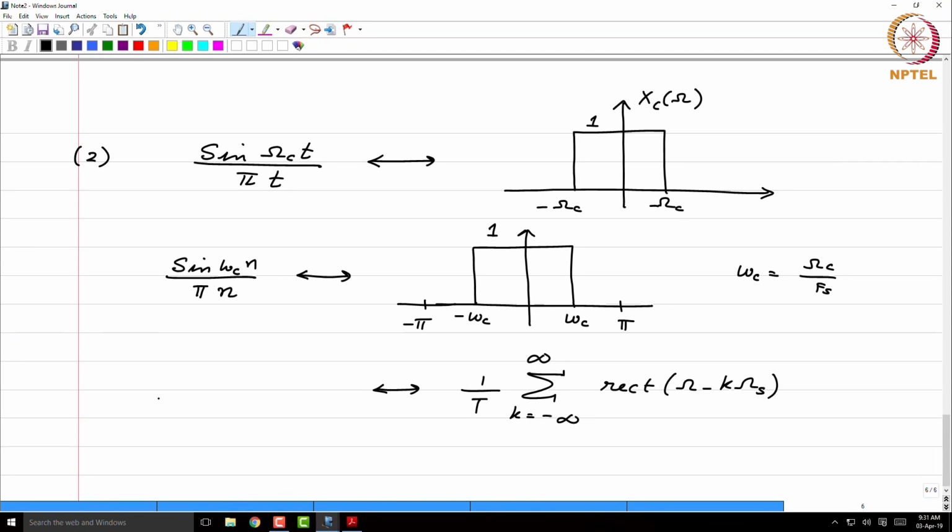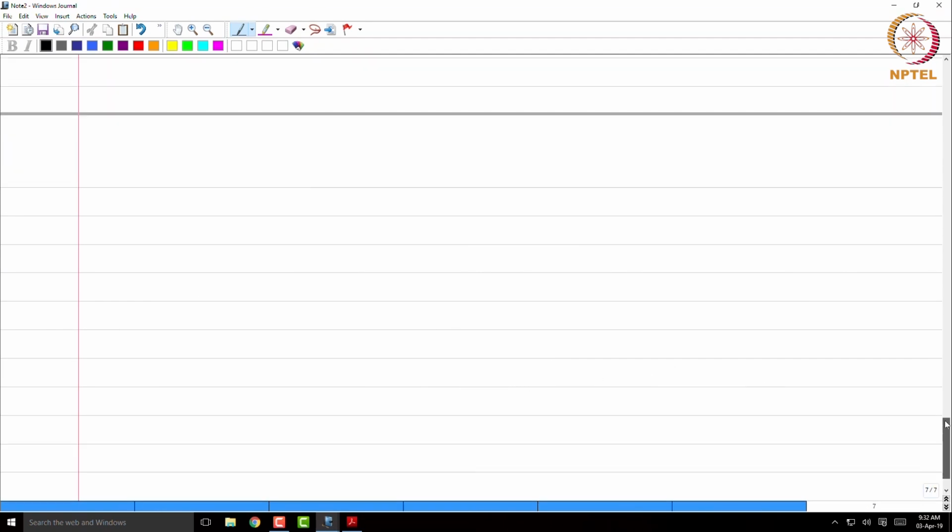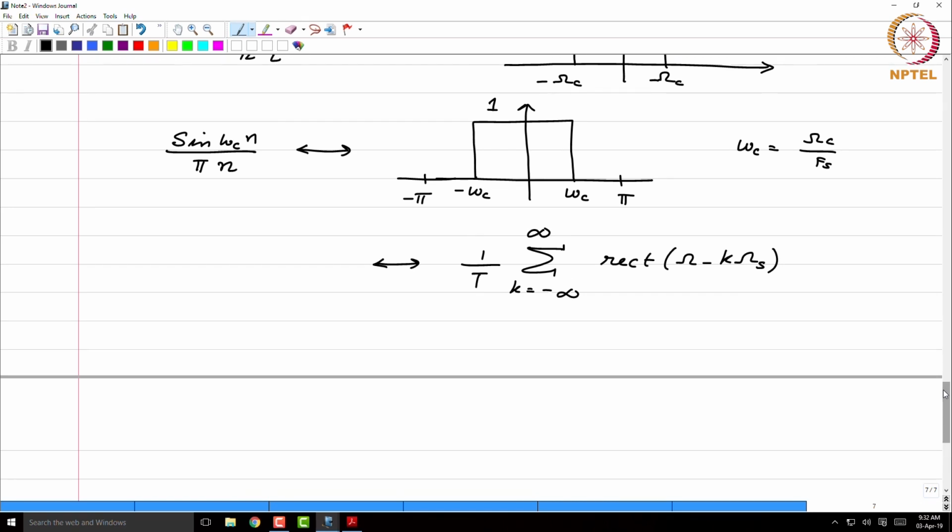Okay. So, this is the transform of the impulse train sampled sequence in continuous time.